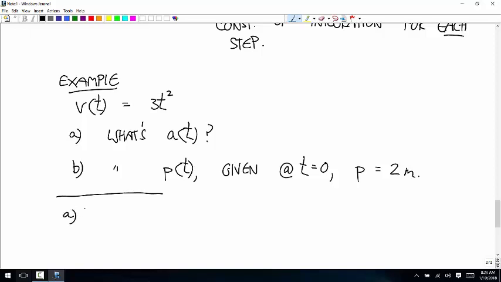Okay, so for part A, the acceleration as a function of time is the time derivative of that, so 6t.